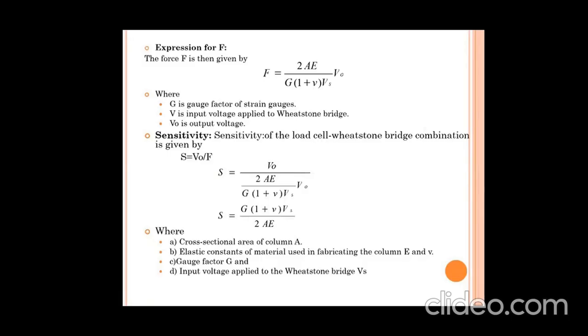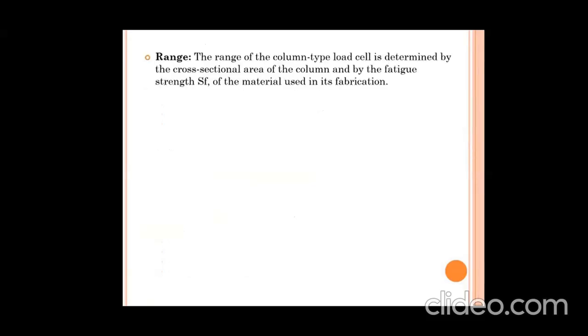Getting? Then the next point is range. You can also calculate the range of your load cell, which is determined by the cross-section area and strength of the material. Whatever material you use for the fabrication of the load cell, from that material strength and the area of cross section, you can find out the range of the load cell.